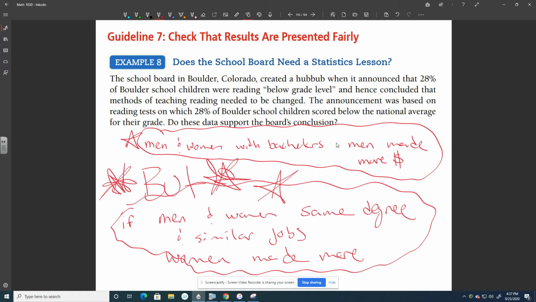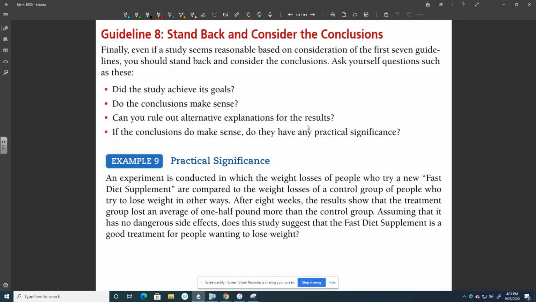So even as a student, when statistics came up, I would go look them up and share what actually was being said. And a lot of times it was exactly what we thought was being said. But examples like this one are very misleading, even though the study itself was a very good, honest study that was being done. Okay, number 8, stand back and consider the conclusions.